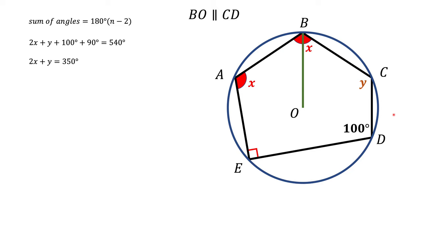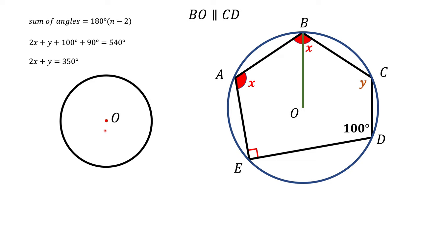So the next thing we would like to use is the inscribed angle theorem. We have a couple of inscribed angles here, the measures of which we know: angle E of 90 degrees and angle D of 100 degrees. So let's remind ourselves what the inscribed angle theorem is. If I have a circle with center O, I can have the angle AOB, which is a central angle, and that angle is intercepting the arc AB.